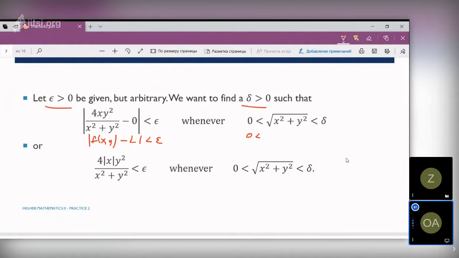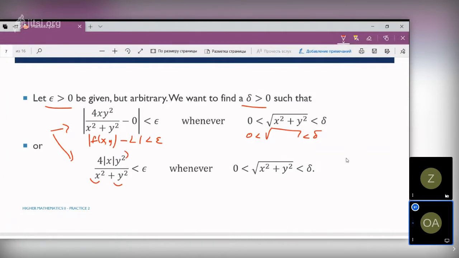Whenever this expression is 0, smaller than square root of x minus x0 squared plus y minus y0 squared, it should be between delta and 0. Or from the first one, from this one, we can find this expression. Because this expression negative minus 0 is itself, and this one is x squared, y squared again.